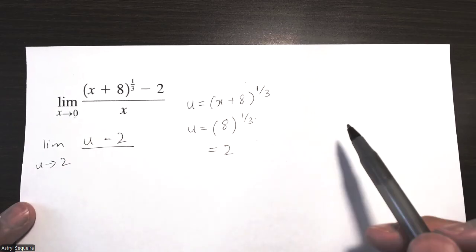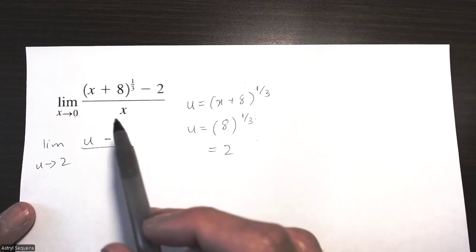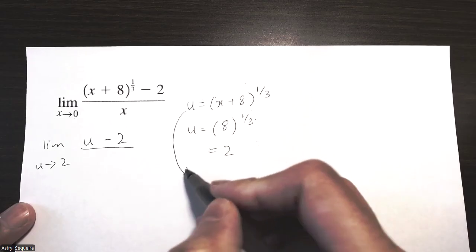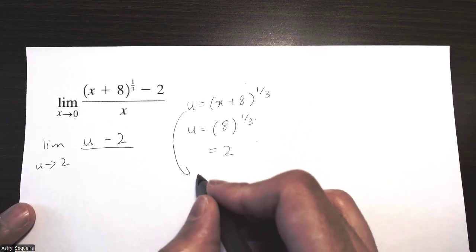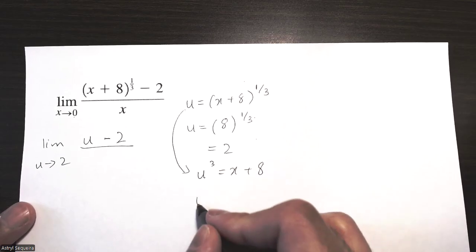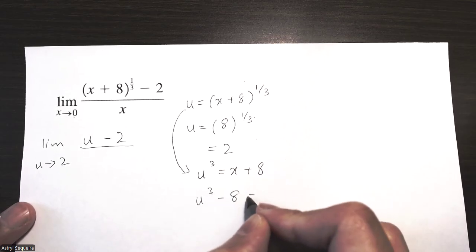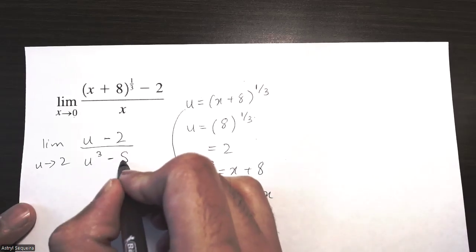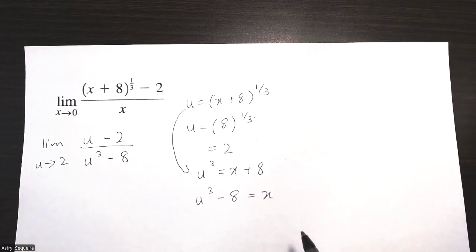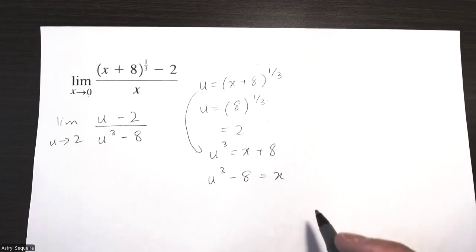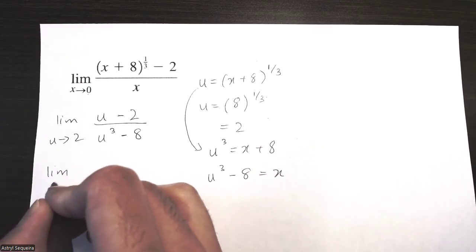And then I'm going to isolate x in this equation so I can substitute it at the bottom. First, I'll move the 1 over 3 to the other side, so I get u cubed equals x plus 8, and then I'll subtract 8, so u cubed minus 8 equals x. So here I just have u cubed minus 8, and again, this is a difference of cubes. I think it was the exact same as the previous question. So yeah, it was. I'll just do this pretty quick.